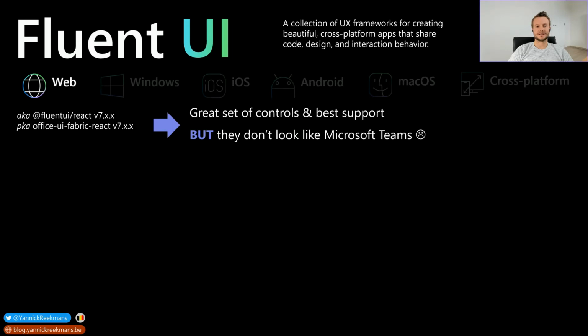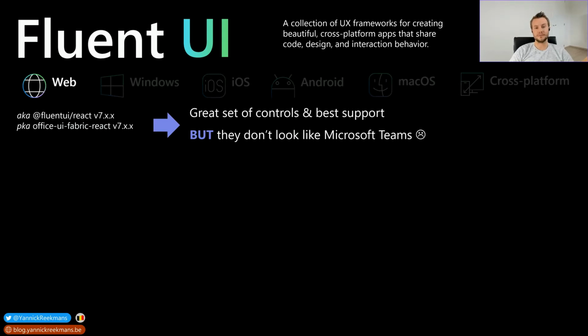It's because Teams has a bit of a digression from the Office UI design language and has some controls that don't really fit, or that the design language doesn't really fit in the rest of Office 365 or Microsoft 365.